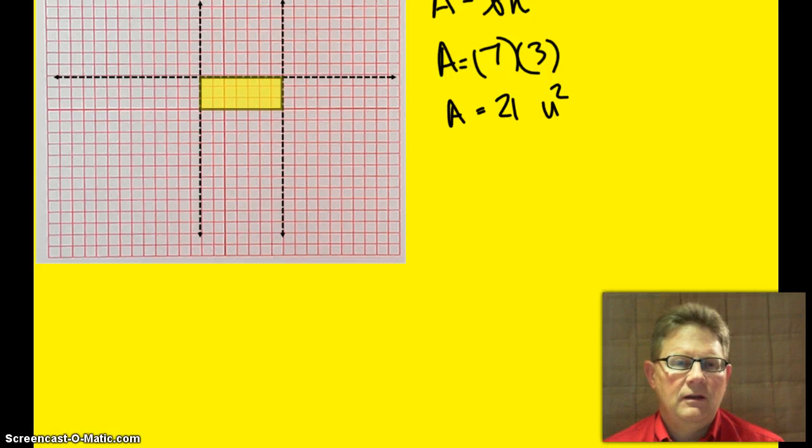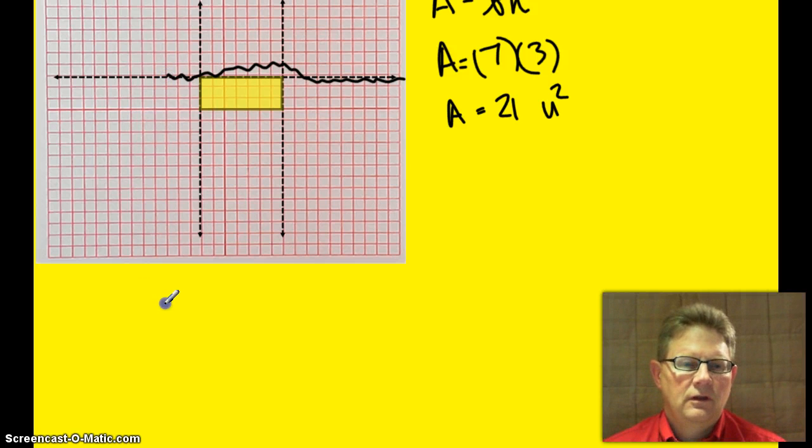We are going to find the area underneath this curve right here. So we need to know what that function is. That function is y equals 3, right? And we're integrating from -2 to 5.